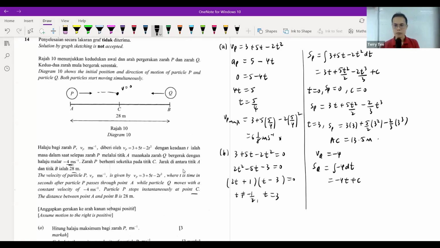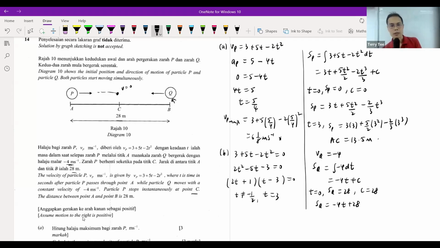Okay, so we know when t equals 0, Q is at point B. Now, point B is 28 meters to the right-hand side of point A. So I would use SQ equals 28. Imagine this: if this is 28, this is 0. What's your C? Your C will be 28. Therefore, the displacement function for Q is this.